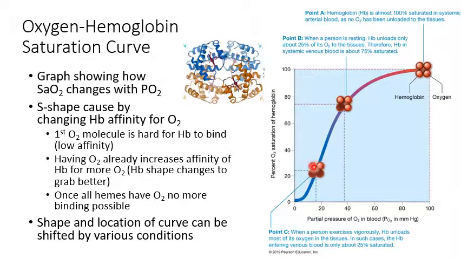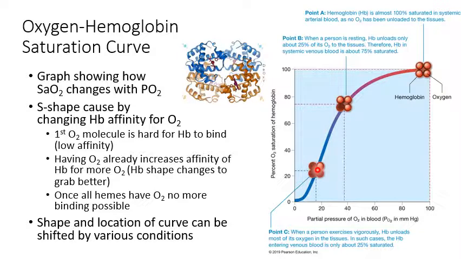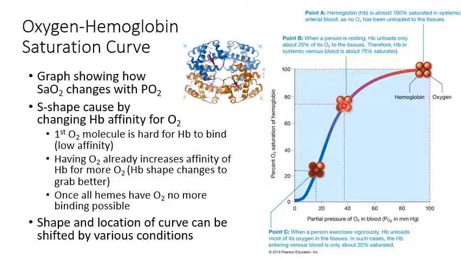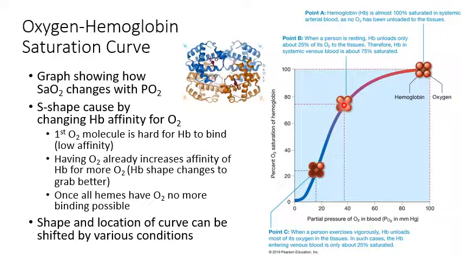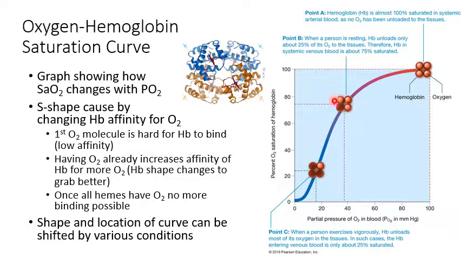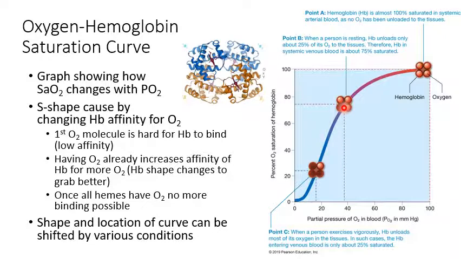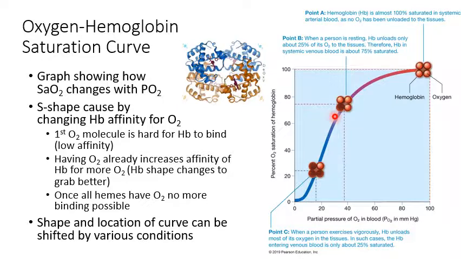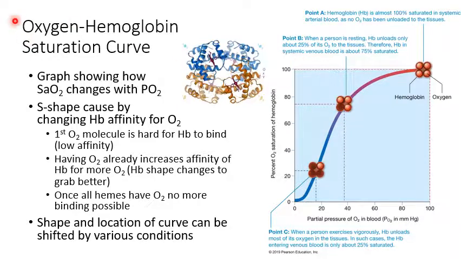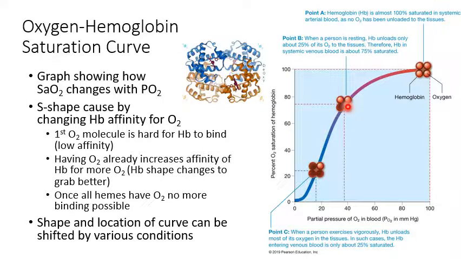So if you have one oxygen already, then the affinity is going to go up, and hemoglobin will easily grab another two, another couple of oxygen molecules, to have 3 out of its 4 sites occupied. Then for any individual hemoglobin molecule, it's going to be very easy to pick up the last oxygen, at which point it'll be full and it'll be saturated.